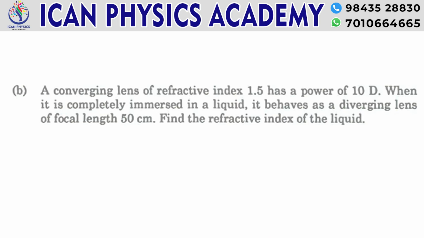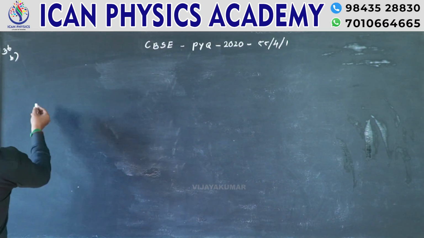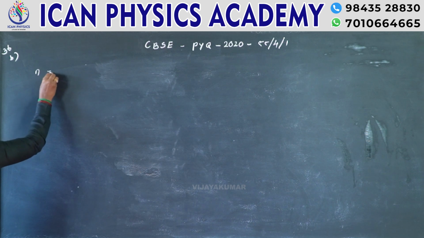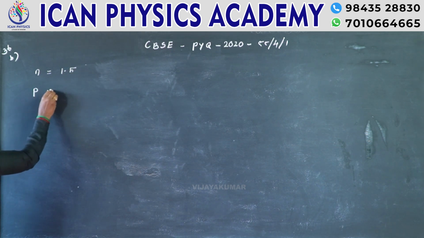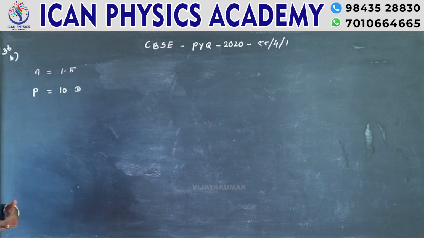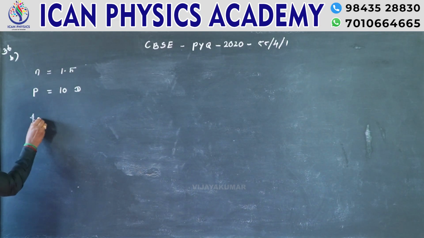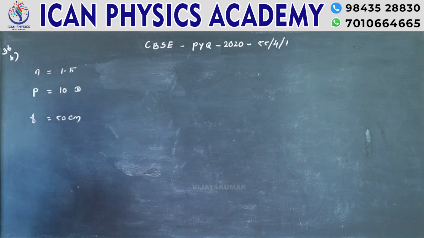In 36B, the refractive index is given as 1.5 and its power is 10 diopter. When it is immersed in a liquid, its focal length becomes 50 centimeter.